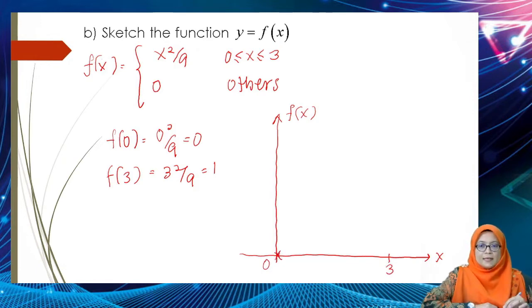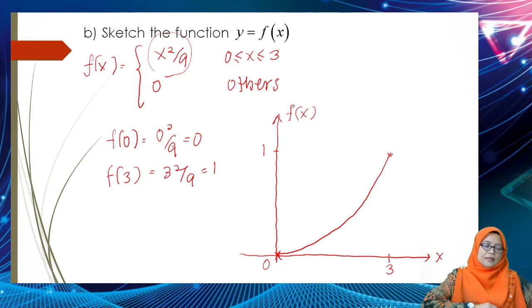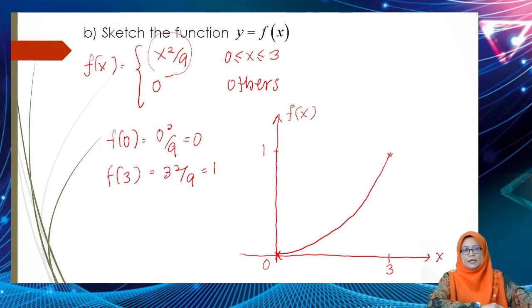Then for x equal to 3, kita ada nilai f(x) is 1, so the point is (3, 1). So then refer balik kita punya function here is x squared, so x squared means that you have a quadratic graph. So dua point ni kita akan lukis dalam bentuk curve kuadratik lah. So you akan dapat you punya graph f(x).